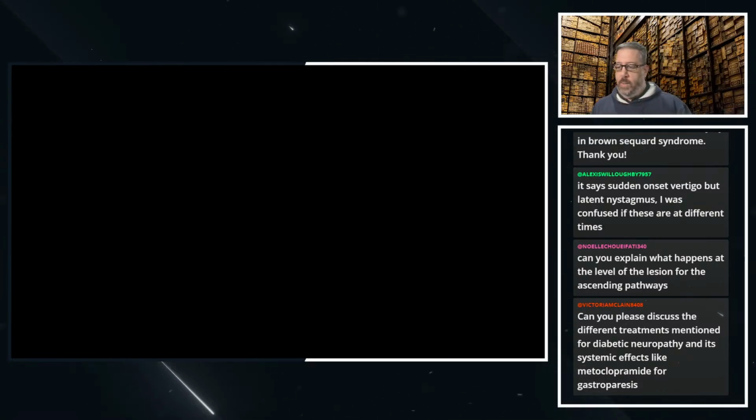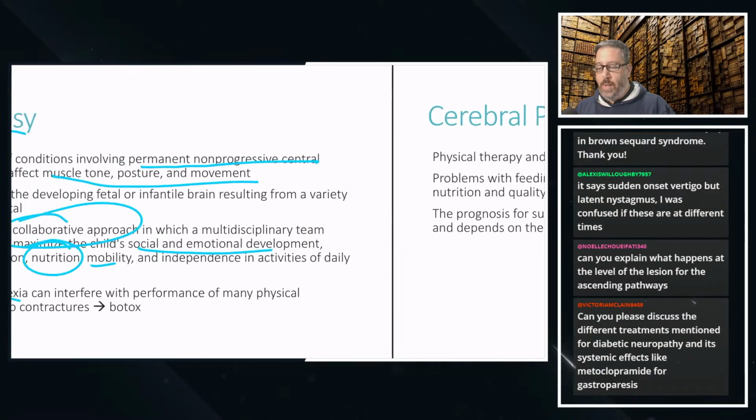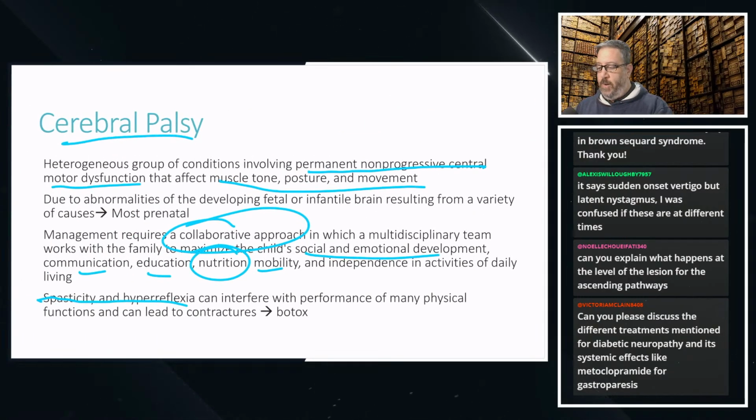Okay, Brown-Séquard, acquired, at the level of the injury. When it comes to Brown-Séquard, it gets very confusing at the level of the injury. That's why I say just know that one picture.